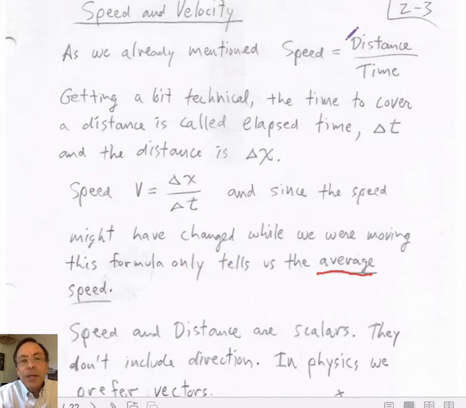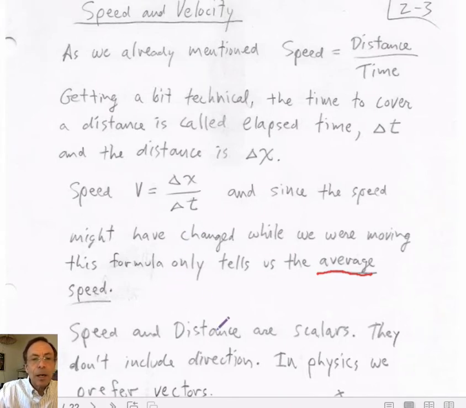Now, the distance, like I mentioned just before, doesn't have the direction information in it. And so this speed v here doesn't have any direction information either. We don't know if the skateboarder is moving with a certain speed to the right or with a certain speed to the left. We just don't know that from what we have here.